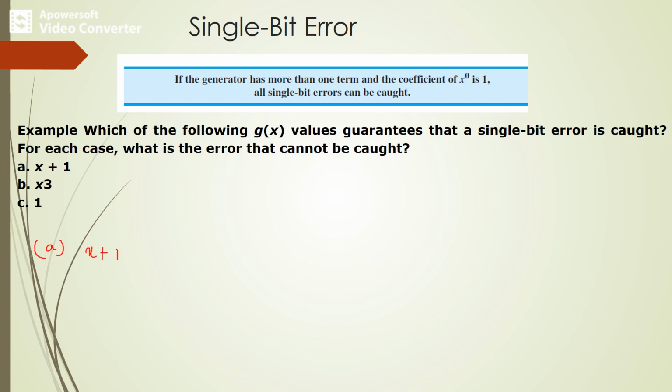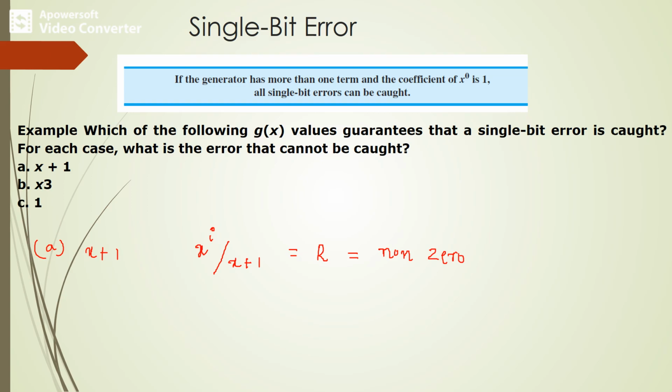In the case of x plus 1, x power i, for any value of i, divided by x plus 1 always has a remainder r, and this remainder r will always be a non-zero value.